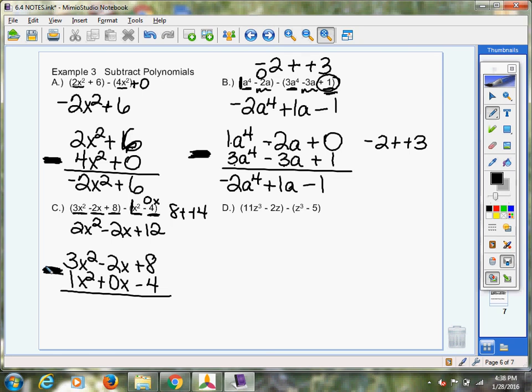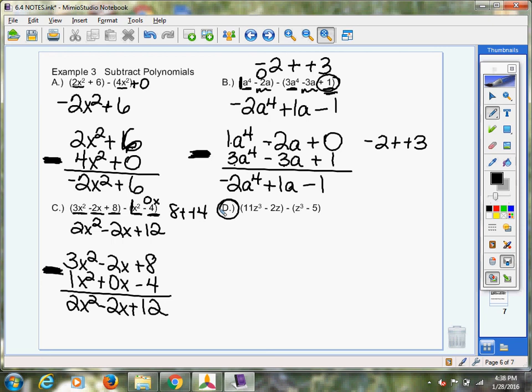I just put a big fat subtraction sign out there. 3 minus 1 is 2. Negative 2 minus 0 is still negative 2. 8 minus a negative 4 is positive 12. So be careful. I really think you can get this. You've just got to take care of your signs. With subtraction, there's a lot more at risk and a lot more to miss if you're not careful.